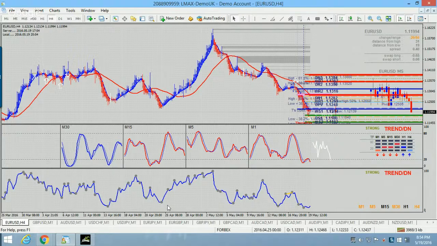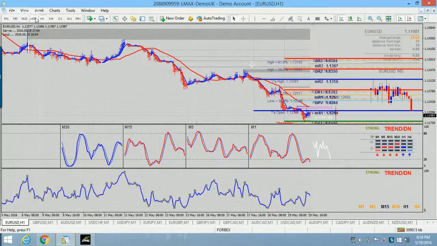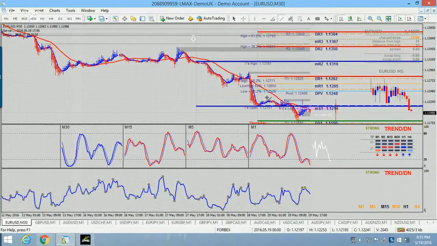And also today we had a trade, just to make it more obvious, on Euro US on 30 minutes. Now it is not available anymore, but I have to explain to you. So on the 30 minutes chart, here we got a divergence. Let me show you.